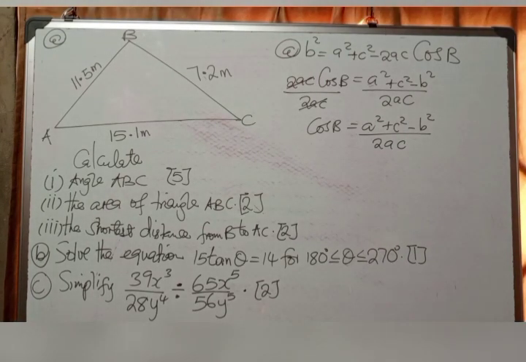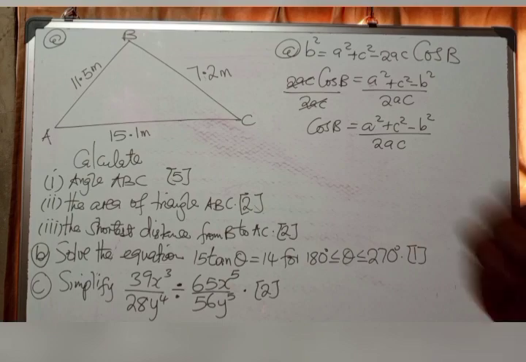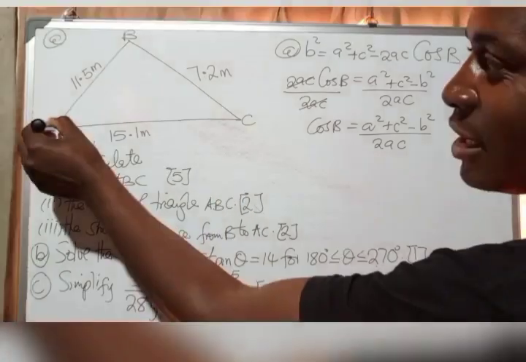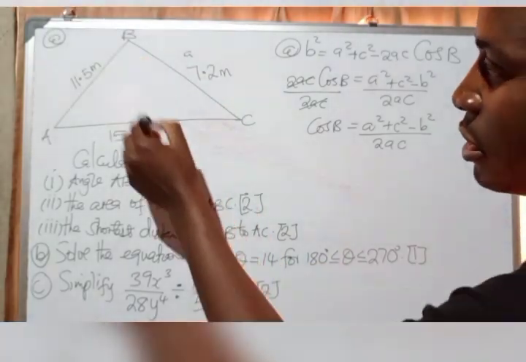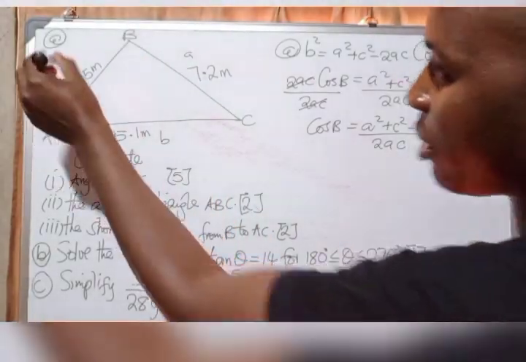Now let us identify which one is our a. Our a is the side opposite to angle A. So this is our a, this one will be our b, and that one will be our c.